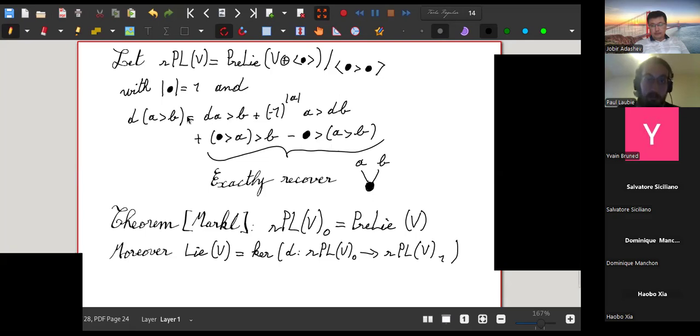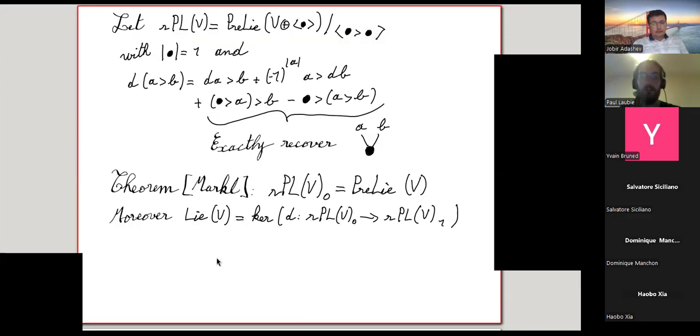And the theorem of Markov is the following one. Well, first, in degree 0, we have the free pre-algebra. Well, this is quite clear because we are adding an element of degree 1, and there is no way to reduce the degree. So in degree 0, we did nothing, and the free Lie algebra is exactly the kernel of the differential.